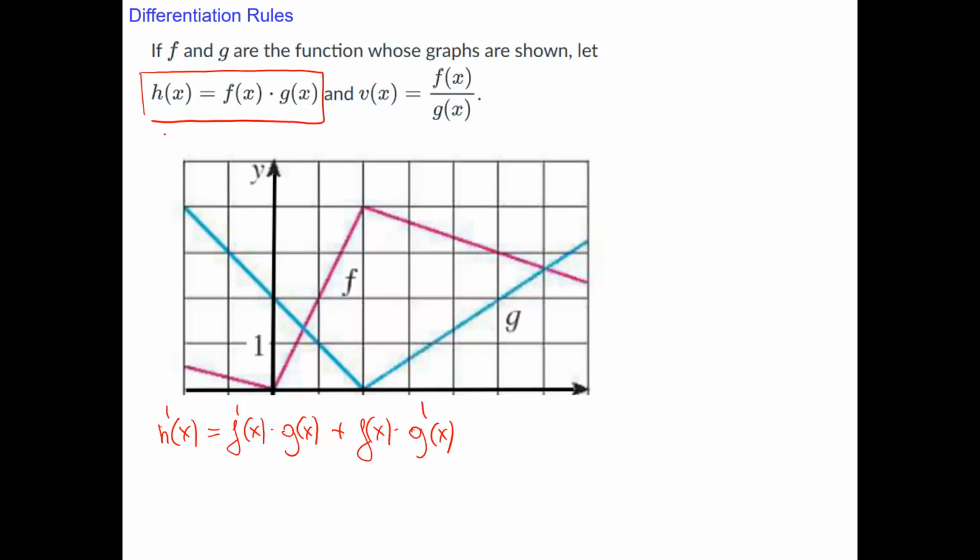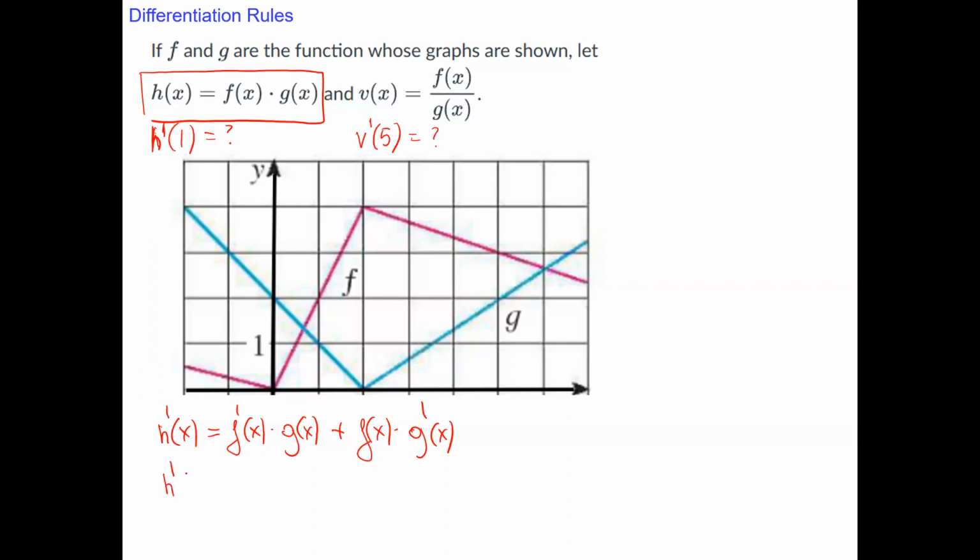Okay, actually, let's just say h prime at 1 and v prime at 5. We need an exact point, because otherwise this will be the answer. We may still leave it, but why would we even need the graph? We have the formula. That's actually the first step.